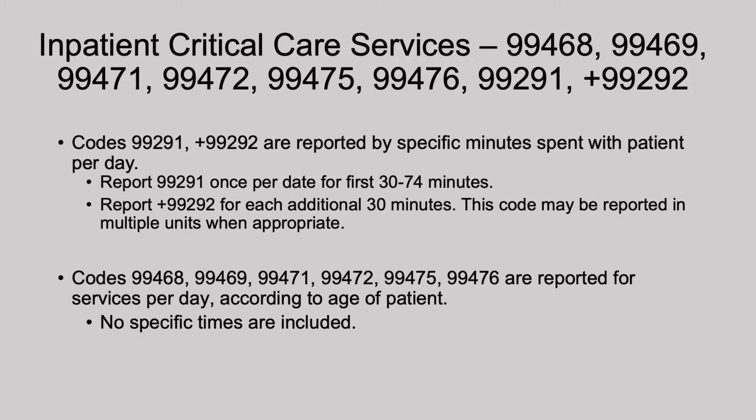It can be used in multiple units. 99468, 69, 71, 72, 75, and 76 are reported per day. So these are reported by minutes, and these are reported per day. It doesn't say specific times, it just says per day. So all the time in the same day.